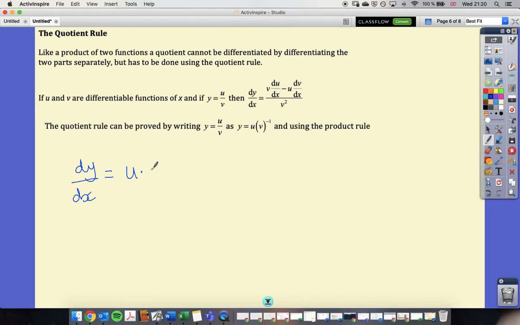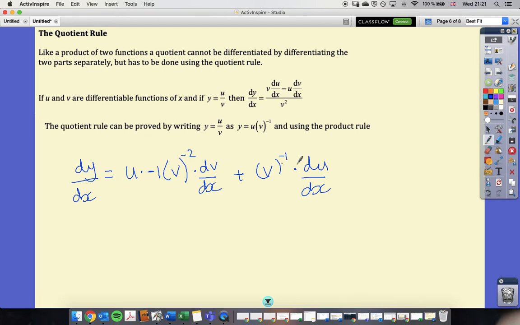So I will get negative 1, I'm going to multiply by the power, I'm going to keep v, I'm going to reduce the power by 1, and I'm going to multiply, so that's the derivative of the outside. I need to multiply by the derivative of the inside as well. So that's my first term. So that's u, all of dv by dx. Then I've got v, my v is actually v to the power of negative 1 multiplied by du by dx.